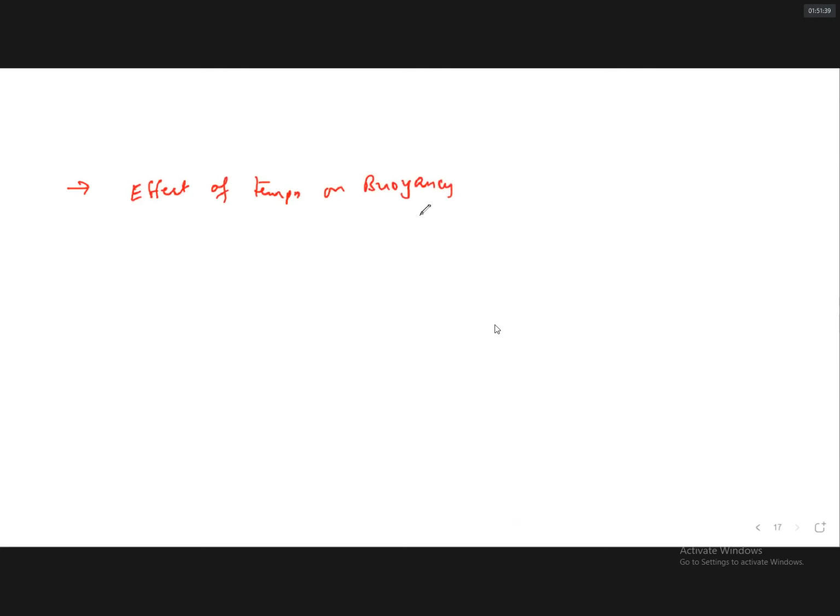Here we know that if a body is partially or completely immersed in a liquid, then the force of buoyancy at T1 degrees Celsius we write as volume of the body which is inside, V in, into density of the liquid, sigma Z. At T2 degrees Celsius, the volume of the body inside is V in dash into sigma dash into Z. Therefore, force of buoyancy FB by FB dash is equal to initial volume inside by final volume inside, into density of the liquid at T1 degrees Celsius by density of the liquid at T2 degrees Celsius.